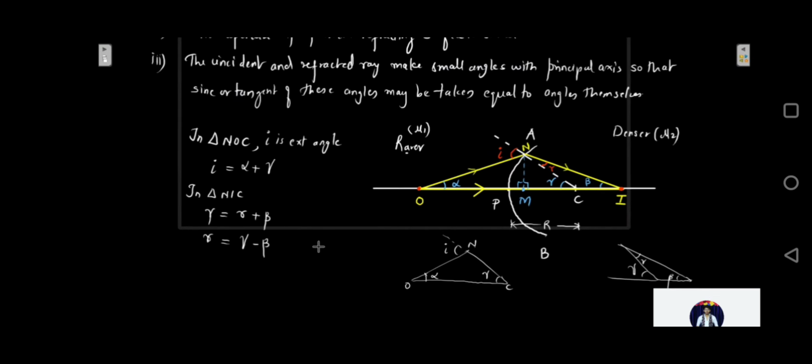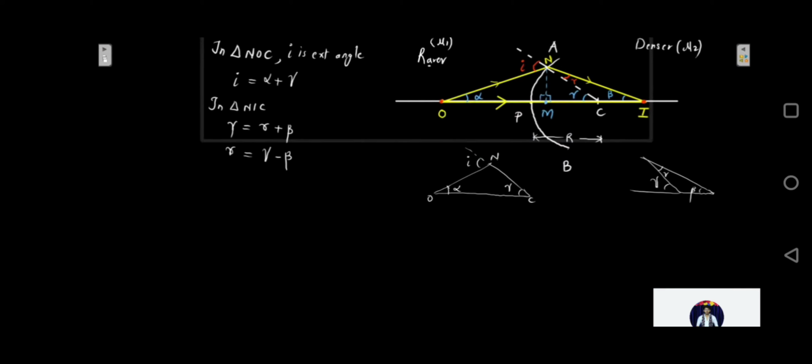Since we have assumed that I, R, alpha, beta and gamma are small angles, no doubt we have written it in the assumption, I'm just specifying it over here. Small angles, I can say that tan of theta is approximately equal to theta, or sine of theta is approximately equal to theta.